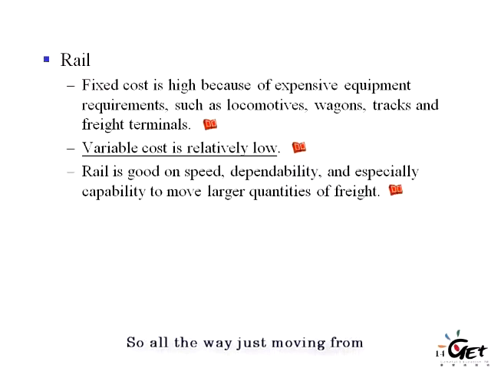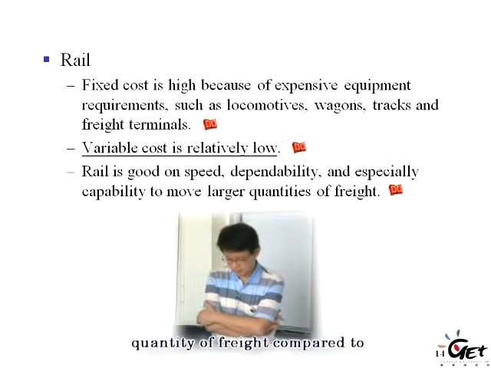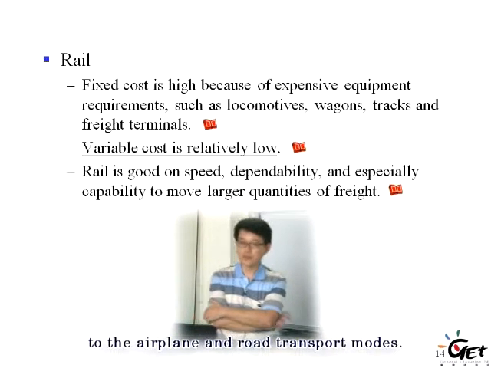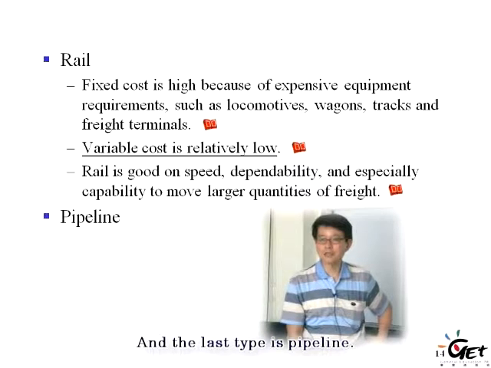So they are just moving from one place to the other. Rail also can carry larger quantities of freight compared to airplanes and the road transport mode. And the last type is pipeline.